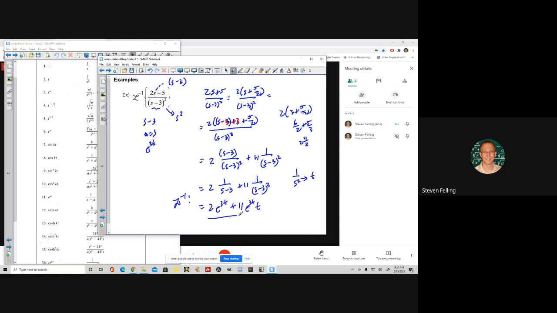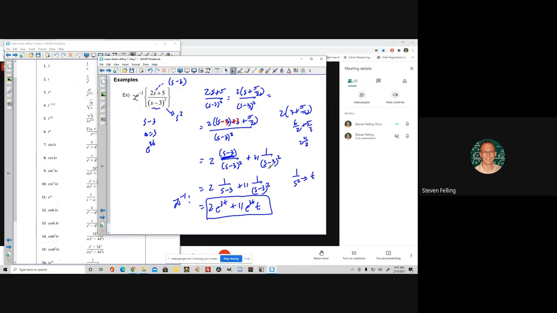So this is the final result. By manipulating things at the beginning to force there to be an s minus 3 here, even at the expense of making this constant over here more complicated, we're able to split it into two terms that are now written in terms of s minus 3.